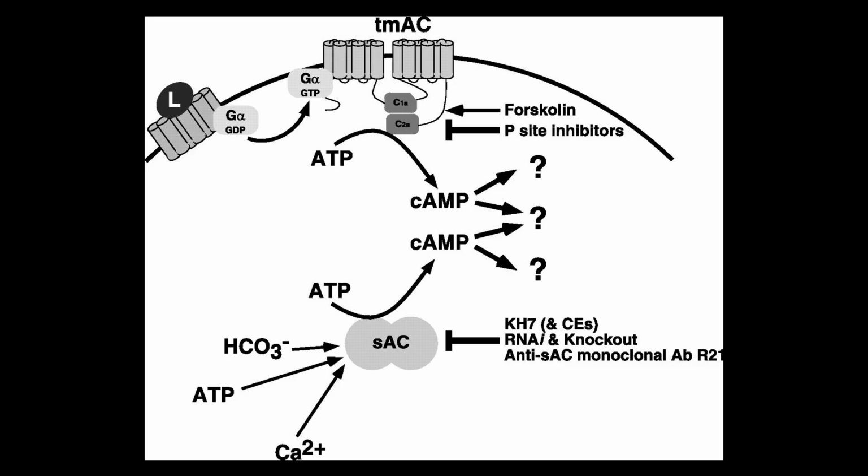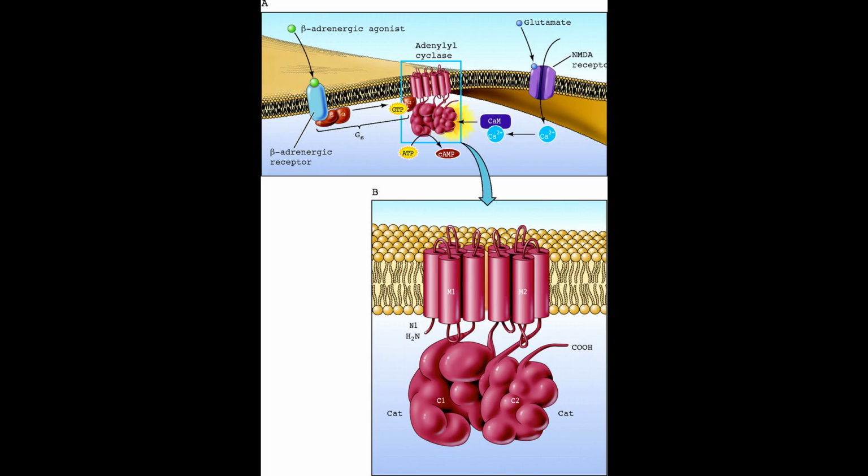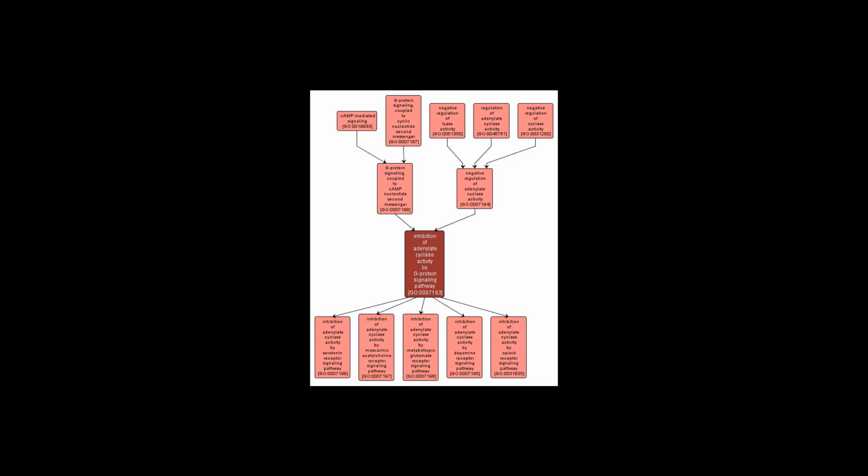Class 1 ACs are large cytosolic enzymes, approximately 100 kDa, with a large regulatory domain, approximately 50 kDa, that indirectly senses glucose levels. As of 2012, no crystal structure is available for Class 1 AC.